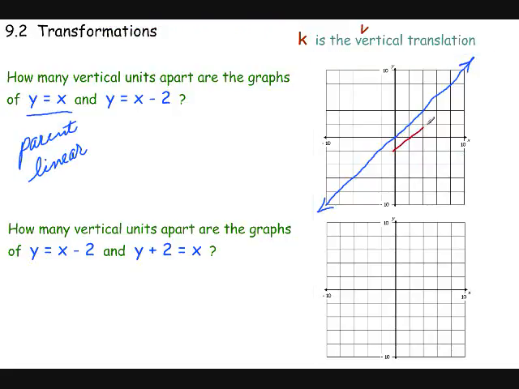So when I go to draw this, and please imagine that I'm drawing a straight line, that's what I want to do, that's exactly 2 units down. So we've gone down 2.